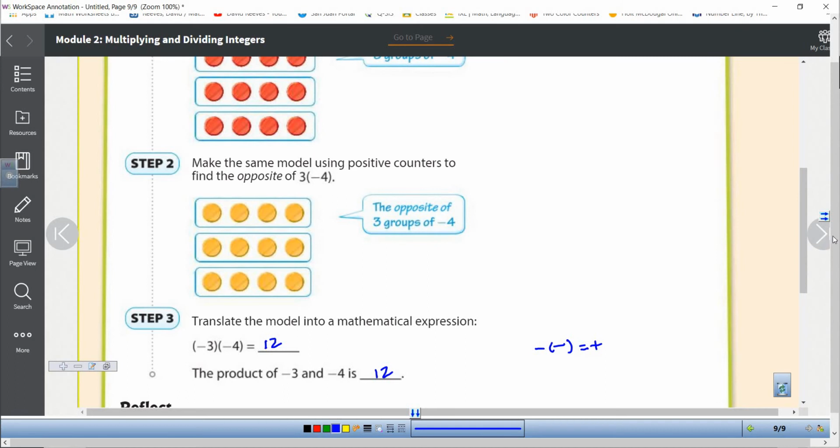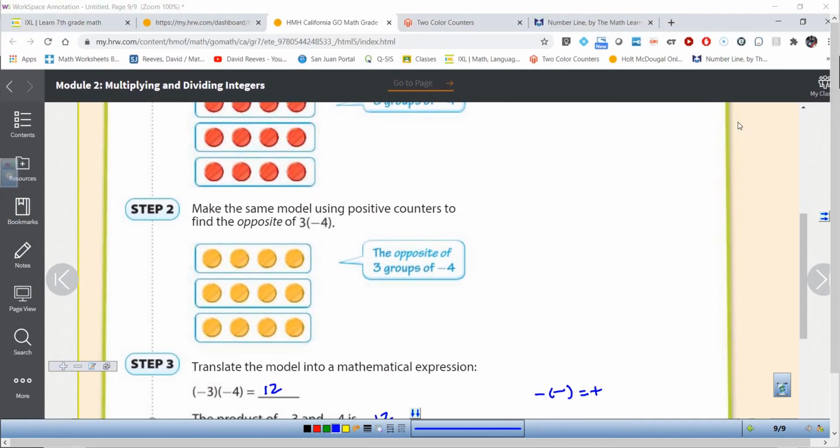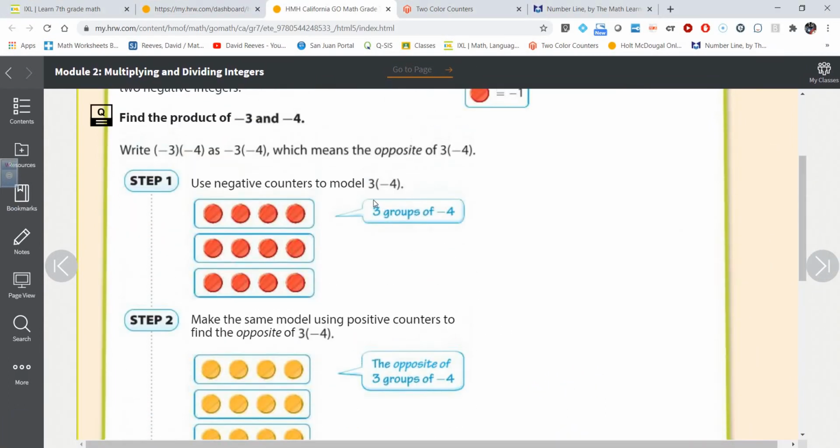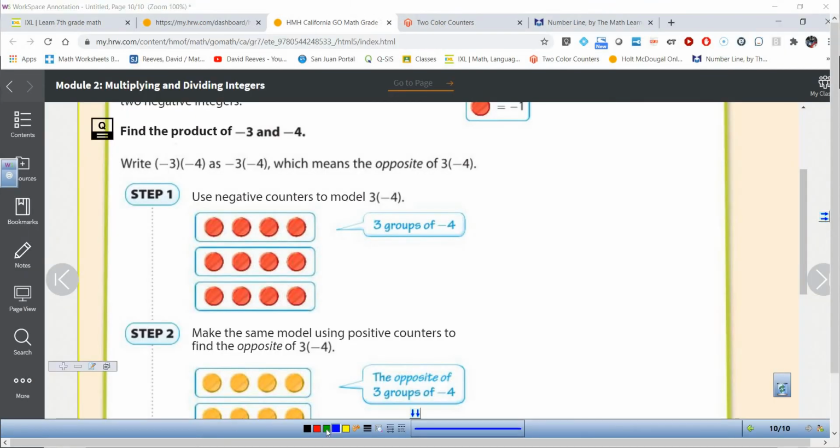So kind of clever if you think about what they did, right? Again, they said this represents 3 groups of negative 4, but we want the opposite, right? How about a highlighter? We want the opposite of negative 3 times 4.